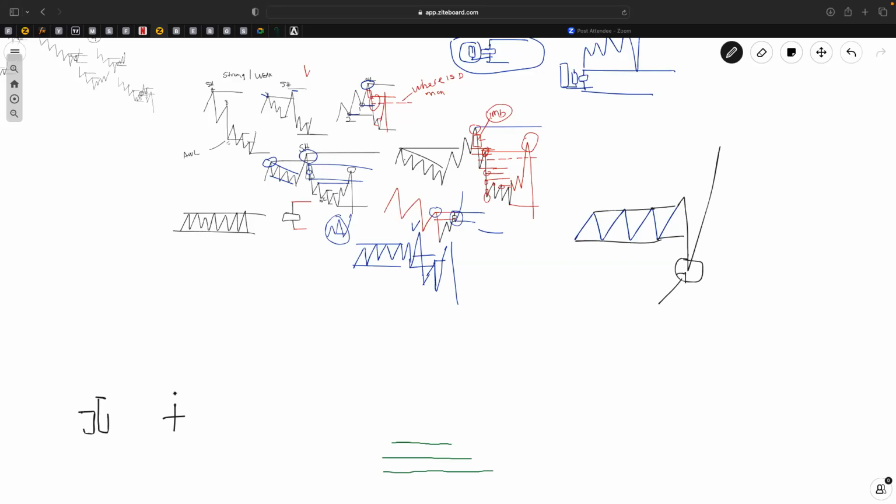Then the market came, creates several liquidity right here. And at the left, you have a high, low. Then the market broke structure here. Then the rally to the upside. Okay, now I think I get it.